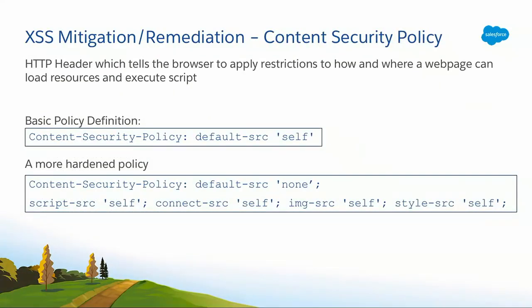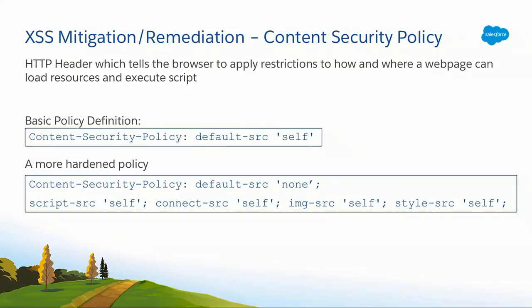Content security policy is another way to remediate this issue, and basically what this does is it tells the browser what's acceptable: where can I execute JavaScript, what kinds of tags are allowed. So in our basic policy definition here, all resources need to be hosted by the same domain where the document originated from.